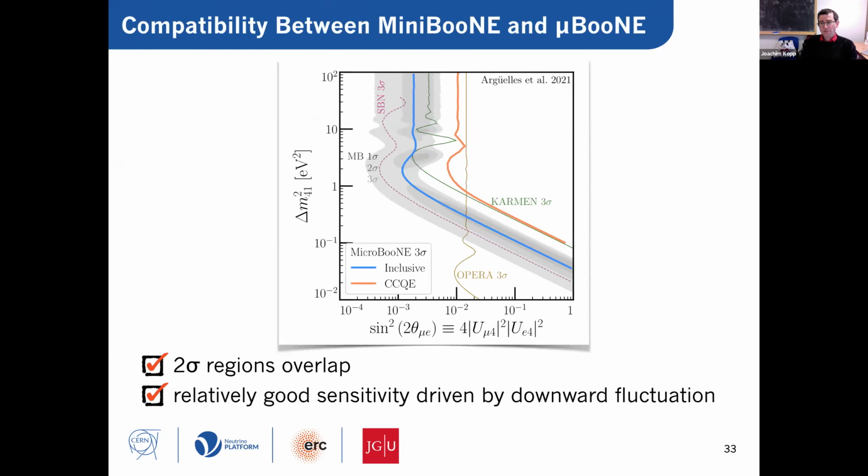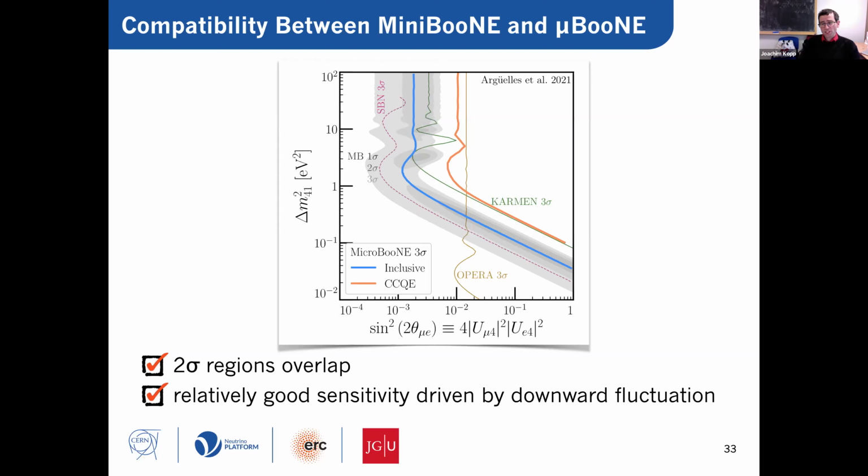So you see that the inclusive one is more sensitive, and while it does not conclusively rule out all of the MiniBooNE allowed region, at least not at the 3 sigma level that we are showing here, it significantly constrains the possibility that the MiniBooNE anomaly is in fact due to real mu to e conversion. Let me emphasize again, what we are showing here are 3 sigma exclusion limits. So in a sense, that's a rather conservative plot.